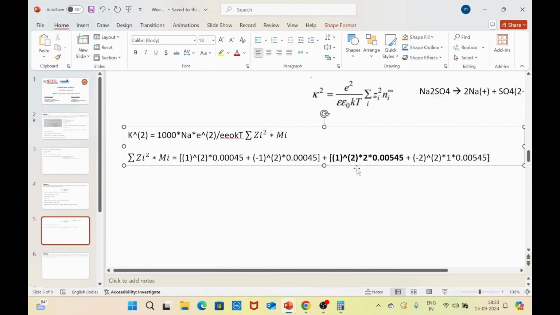Over there you don't need to multiply by 2, because that salt is going to dissociate as a plus 3 cation and a minus 2 anion. But in these kinds of cases it will be different. So please be careful about this. If you have any doubts, please let me know.